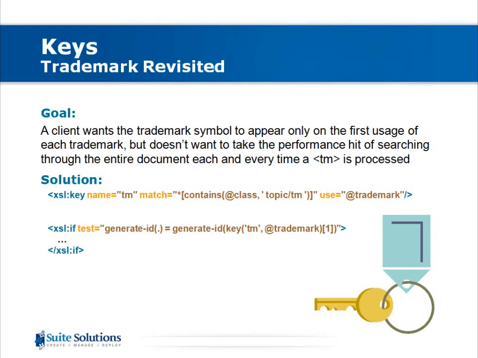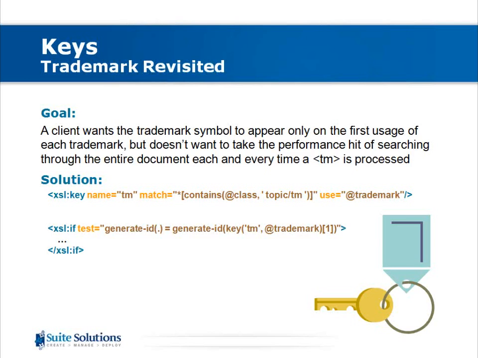So we check whether the unique ID generated for the current node is equal to the unique ID generated for the first TM node with this trademark attribute. If those two unique IDs are the same, then they must be the same element. And therefore, we know that we are currently on the first TM element with that trademark attribute.